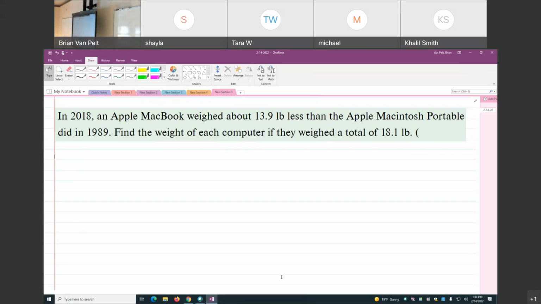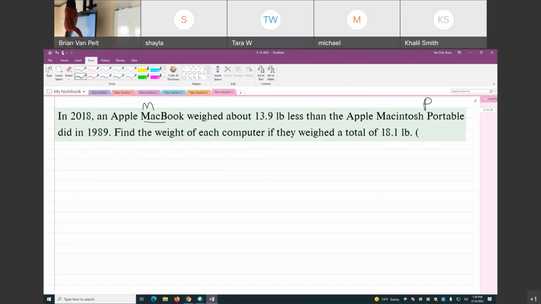Well, what I use is for the MacBook, I'm going to use the letter M, and for the portable, I'm going to use the letter P. So I use an M for the MacBook and P for this, is that okay? Now they weighed a total of 18.1 pounds. Oh, let's get this one first.